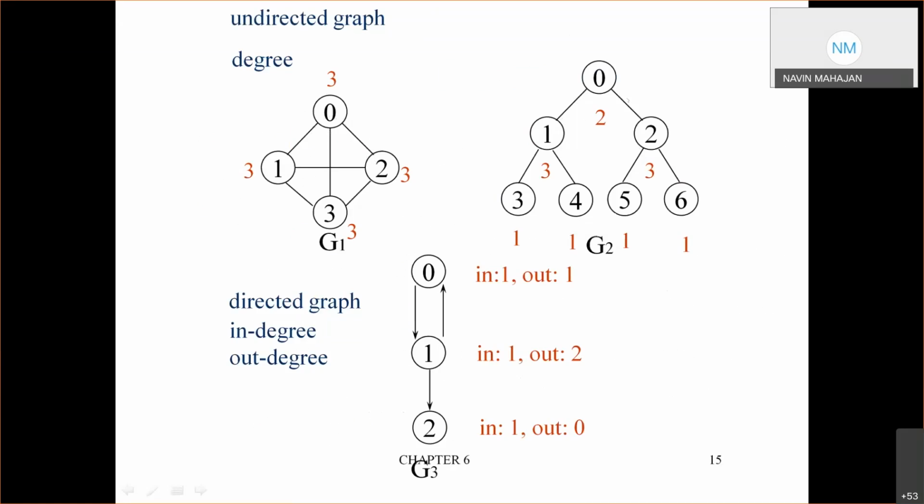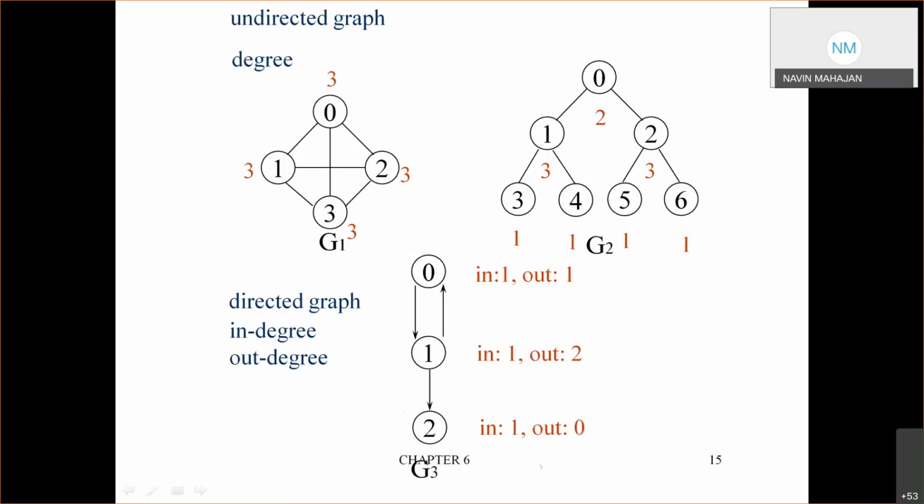How many edges here? For 1 the degree is 3 because we have edges to 0, 3, and 4. Node 3 is again 3 here, and leaf nodes will always have only one edge, so the degree is 1.